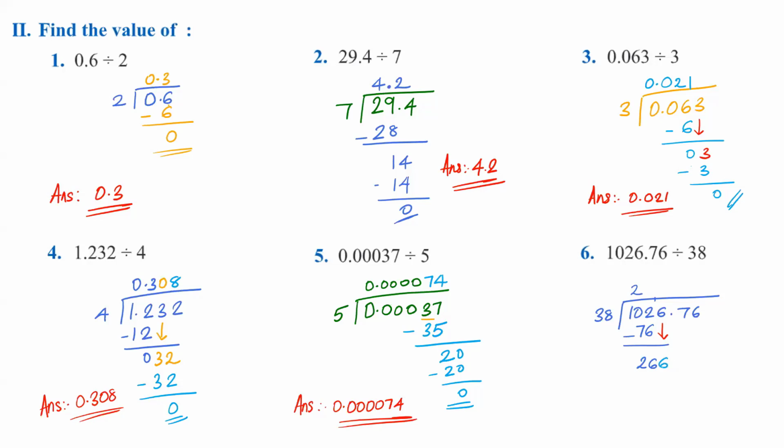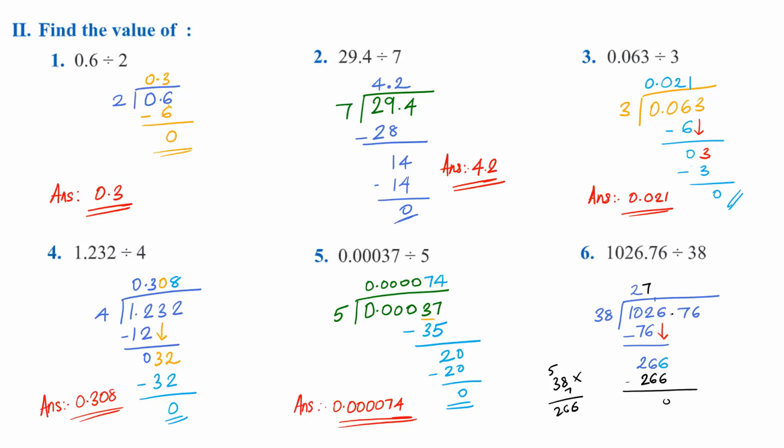Now 266 divided by 38, how much will it be? You can multiply 38 into 7. So 7 times 38 is 266. Yes, it is exactly divisible. So you will get 7. Then if I take the difference, there is 0.